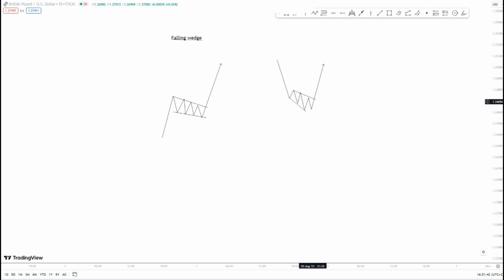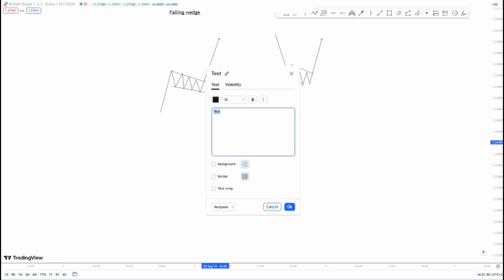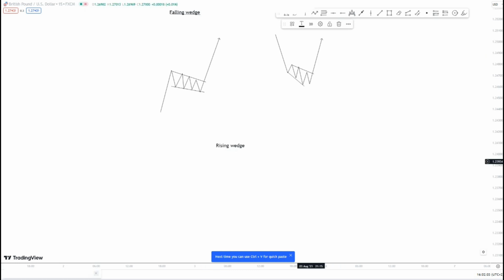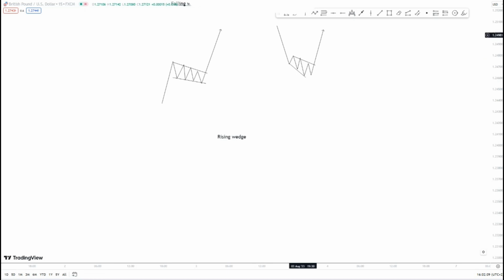Okay, so the next pattern that I'm going to be talking about is the rising wedge. For the rising wedge, it's going to be the complete opposite of the falling wedge.